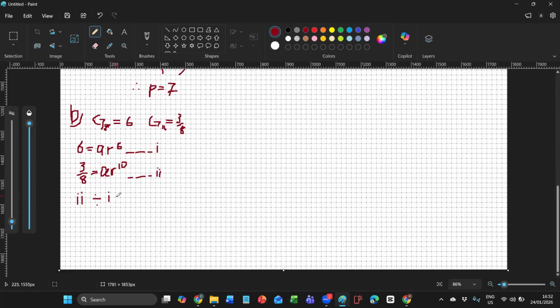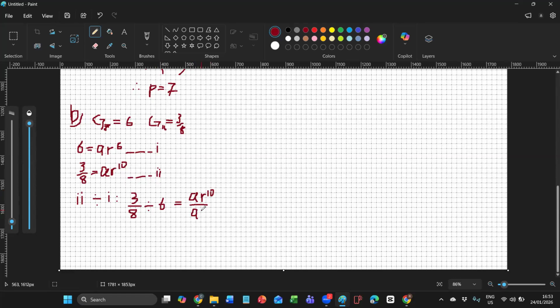Now remember that order. Equation 2 divided by equation 1 is going to give us, so we start with equation 2, 3 over 8 divided by 6. That's for the left-hand side. For the right-hand side, it is going to be AR raised to power 10 over AR raised to power 6.